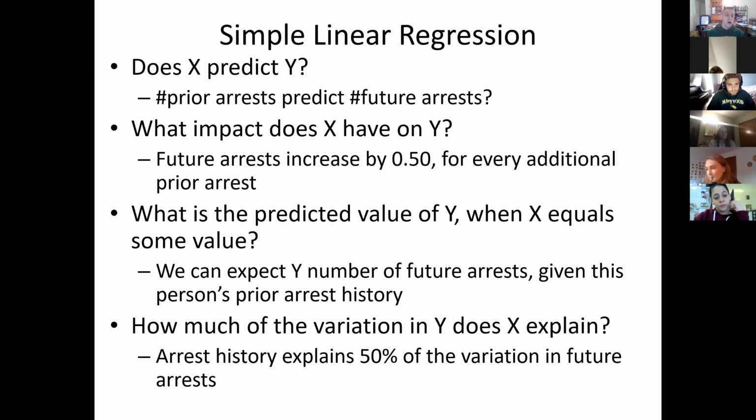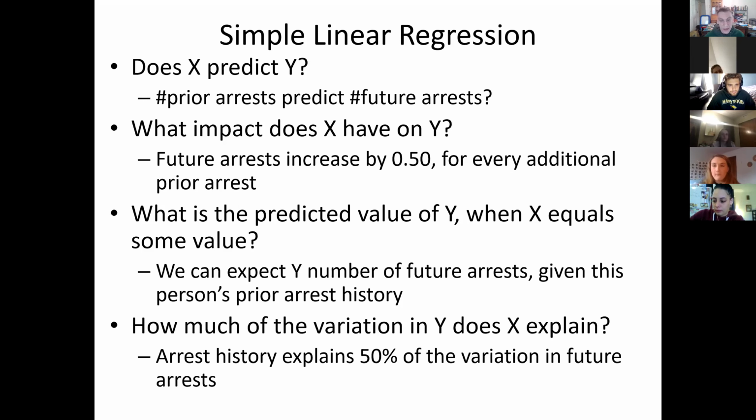And then it also tells us how much of the variation in y does x explain. That is, in the future, past criminals will vary in the number of times that they're rearrested. Just knowing their prior arrest record alone, how much of the variation in future arrests is explained by variation in prior arrests?